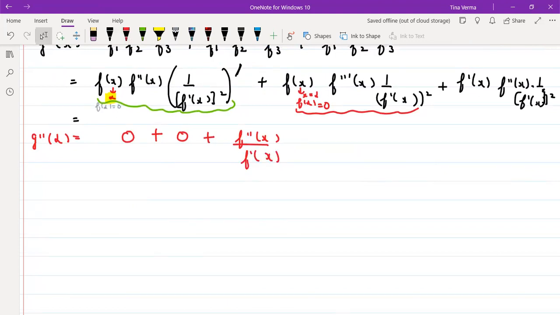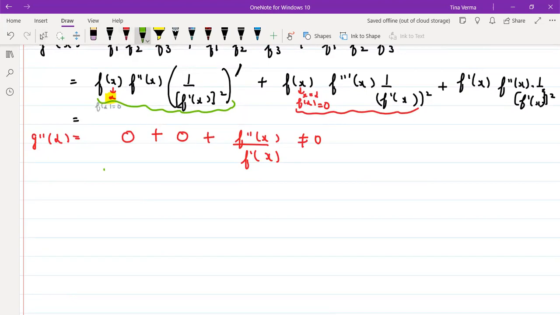We do not know whether this is zero or non-zero, since we do not know the nature of f. So this is not equal to 0.